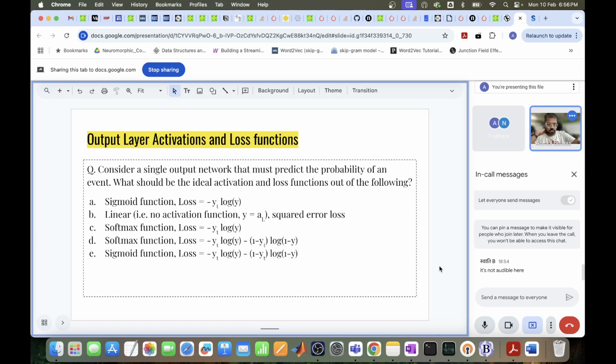So obviously sigmoid is the correct option. The other part is concerns with the loss, right? And since we are still dealing with probabilities, obviously we want to use something similar to the cross entropy loss.